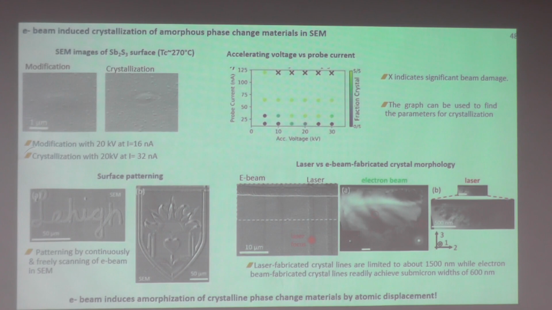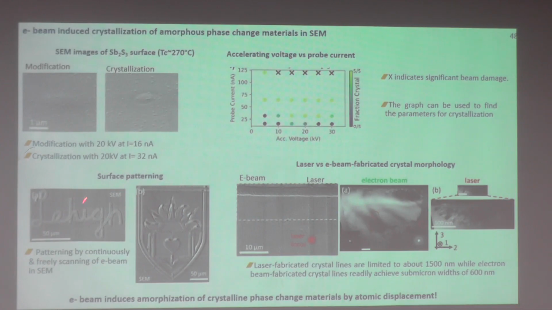The beam currents here are much larger compared to the TEM used for this experiment. By using this SEM, they could also create some interesting features on the surface. You can see some letters, some logos of the institute or something like this.